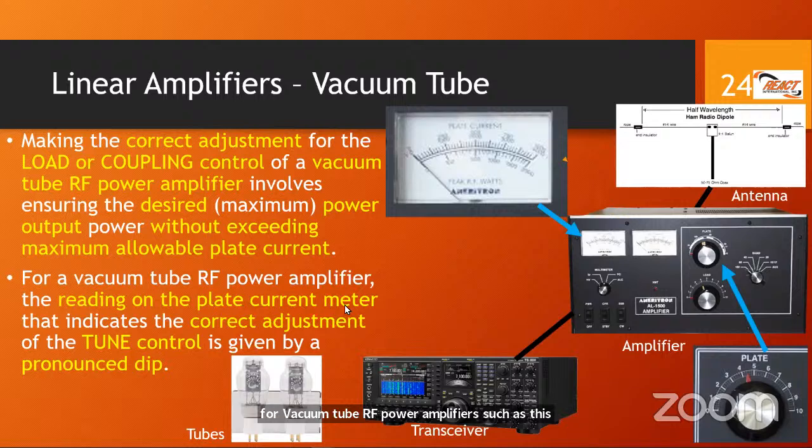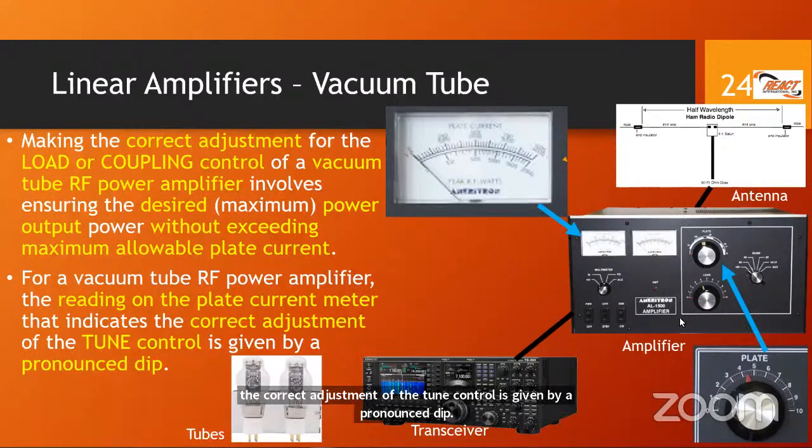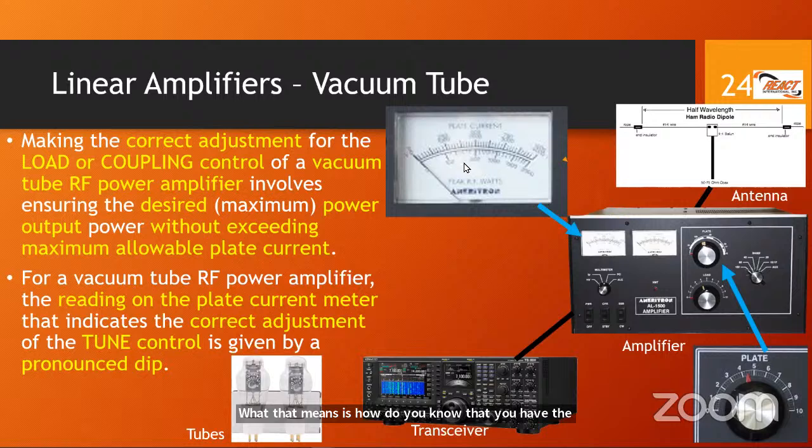The reading on the plate current meter that indicates the correct adjustment of the tune control is given by a pronounced dip. What that means is, how do you know that you have the correct adjustment? As you tune this control, you will see that this needle here goes up, going up, going up. And as it goes up, you'll see it dips back down and goes back up at a point.